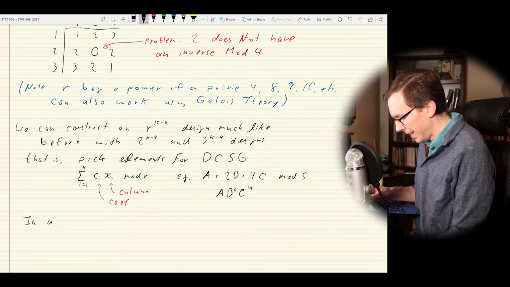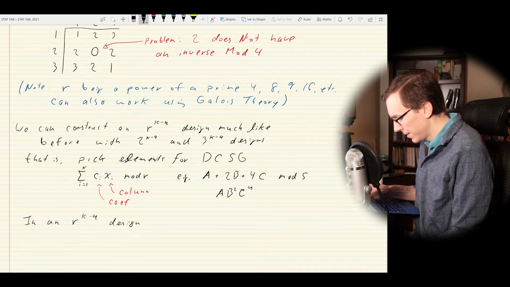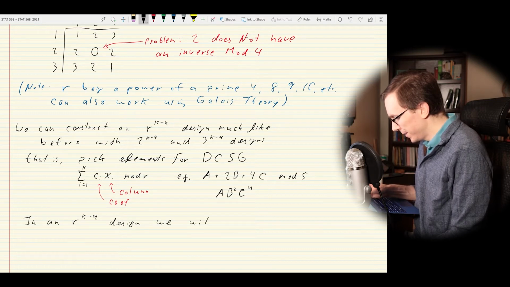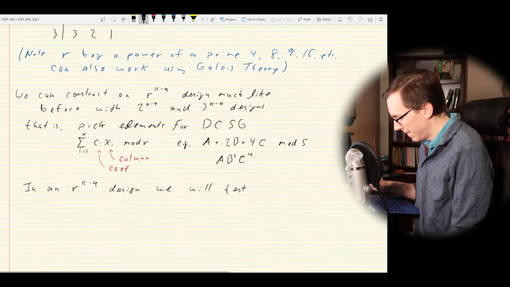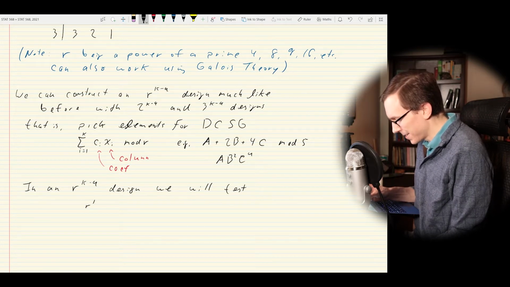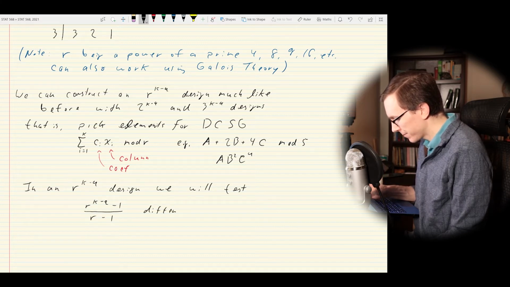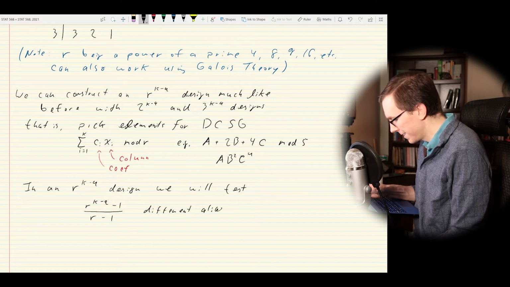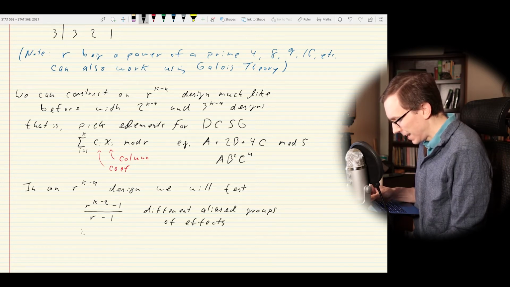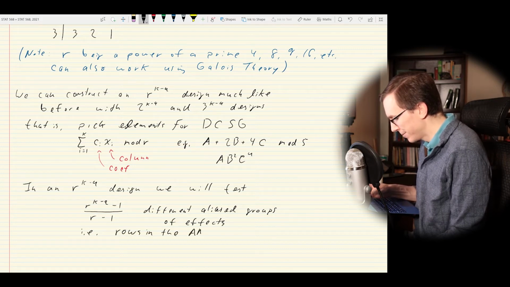And as a result, in an r to the k minus q design, we will test, in this case, (r to the k minus q, minus 1) divided by (r minus 1) different aliased groups of effects, i.e., rows in the ANOVA table.